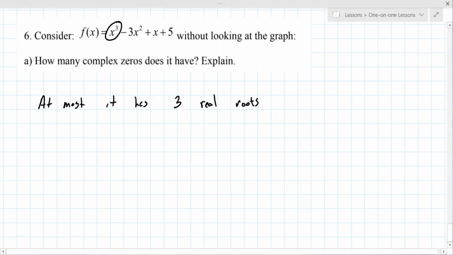Yeah, I think so. And then there's something in your class, I don't know if it's the fundamental theorem of algebra, that says it could also have 3 minus 2, which equals 1 real root. 1 real, and that means it could have 2 complex zeros.